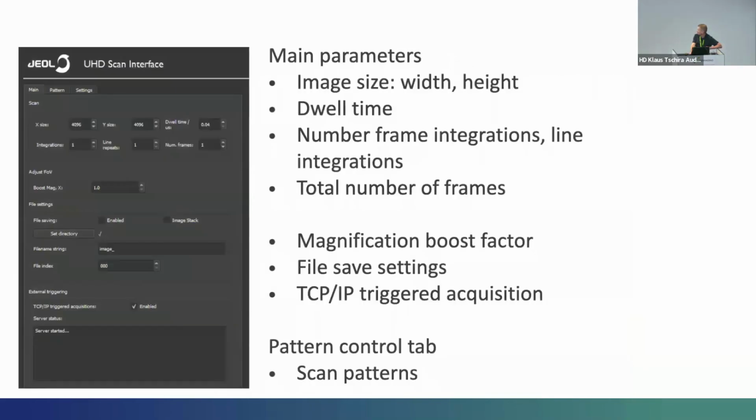The interface looks essentially like this. You can set your image size, dwell time is dynamically controlled, numbers of integrations, either by line or frame, a boost magnification option, and external TCP/IP triggering acquisition if you want to work with additional software during your acquisition.